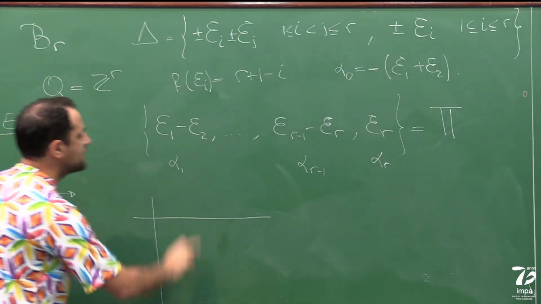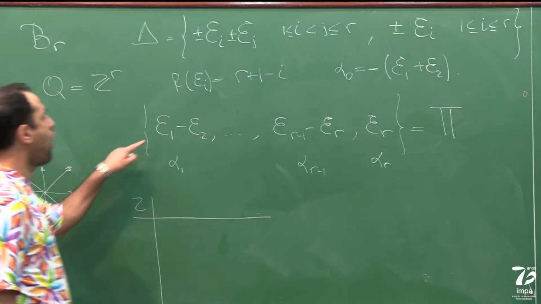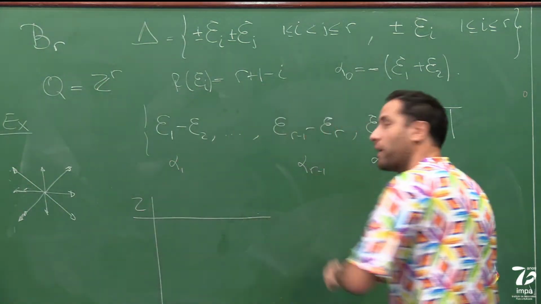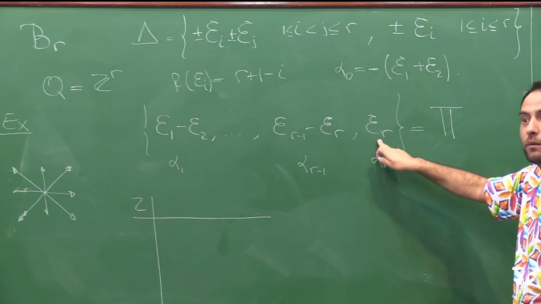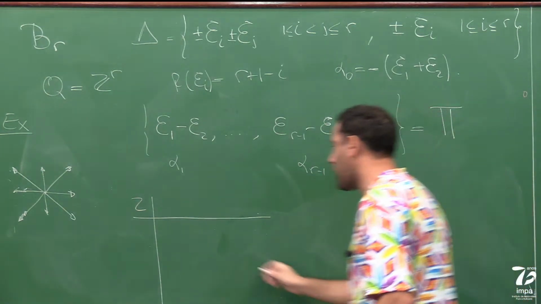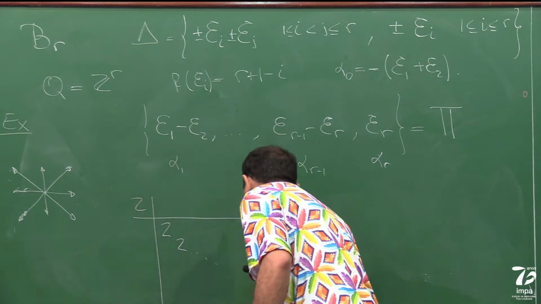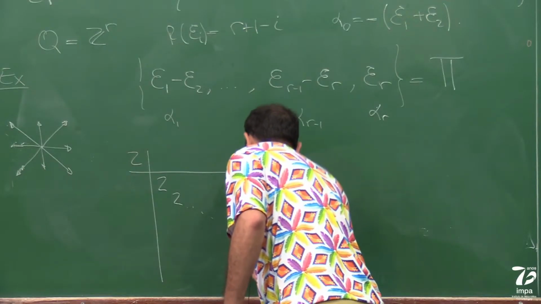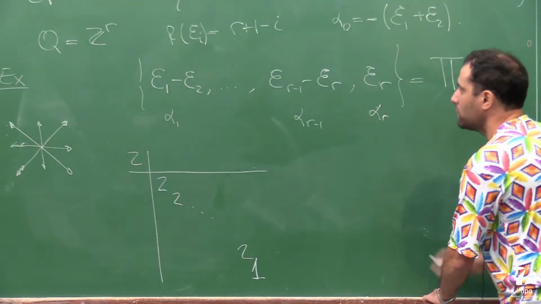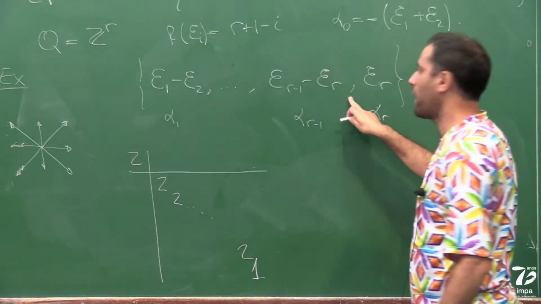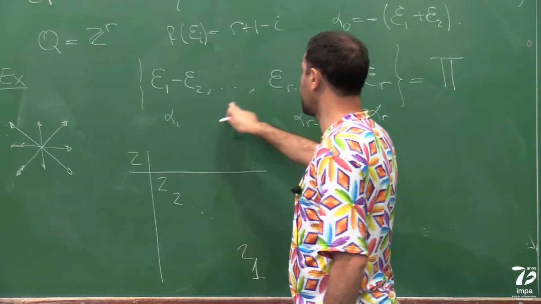So alpha 0 has square length 2, and all of these roots have square length 2, except the last one, alpha r, that has square length 1. So we have 2 on the diagonals everywhere, except the last one that has a 1. How about this? Well, this looks like an AR minus 1. So each one of them is connected to the next one.